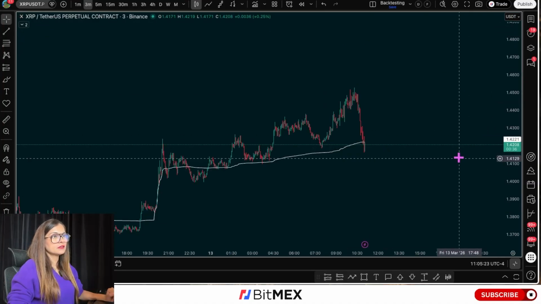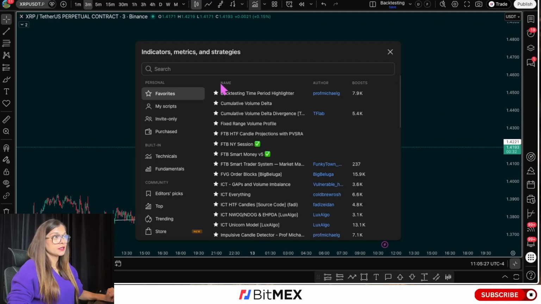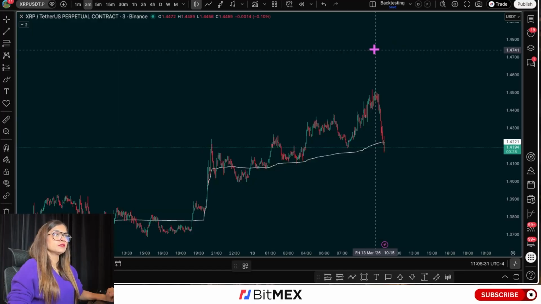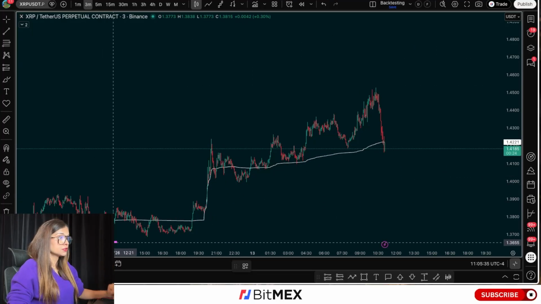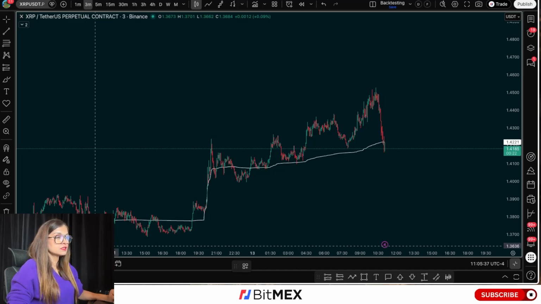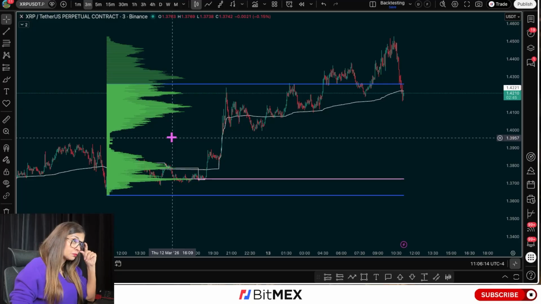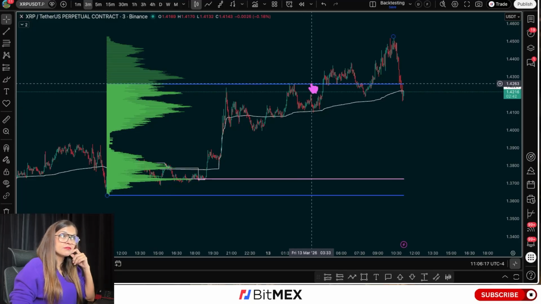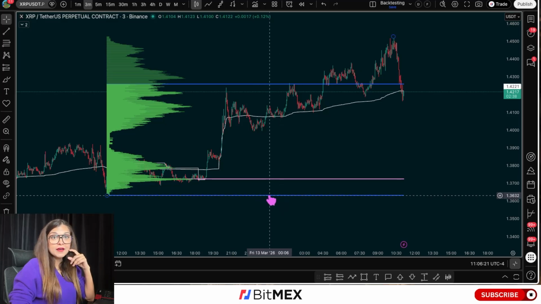To find your volume profile, you'll go to Indicators, Fixed Range Volume Profile, click on it, and then you'll draw your volume profile from high to low or low to high. Okay, so I'll just take this point over here to that point. Now on the volume profile, here we have the value area high. Over here, you have the value area low.